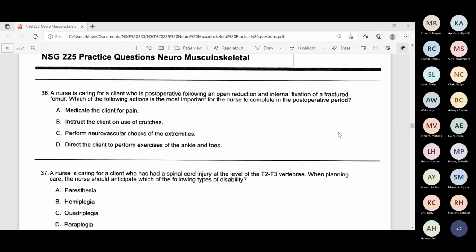And we've talked about everything from blood clots to fat embolisms to bleeding, all those kind of things. So we want to do some kind of assessment to determine if there are any complications. And we look at the rest of them. Medicating is an intervention, instructing is an intervention, directing them is an intervention, but performing that neurovascular check is something that is going to be giving us assessment data.